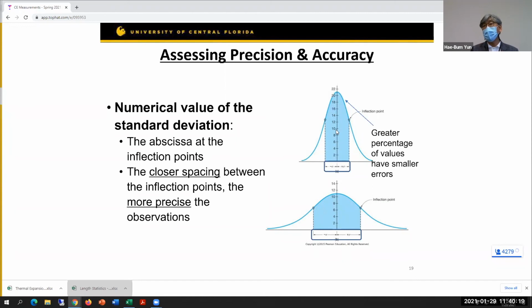And this is very important because this determines the precision requirements of each surveying measurement. Standard deviation is used to determine the tolerance of precision in your measurement.